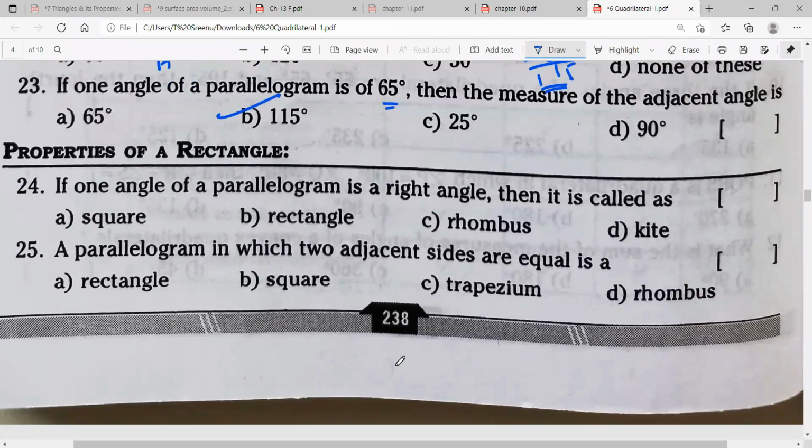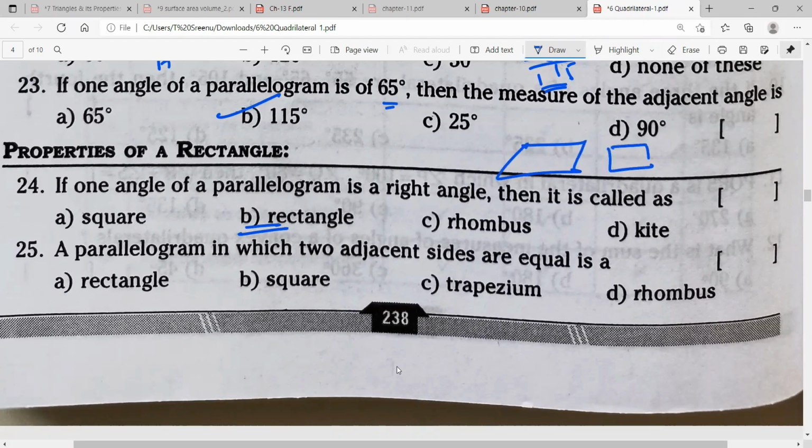If one angle of a parallelogram is a right angle, then it is called a rectangle. A parallelogram in which two adjacent sides are equal: obviously square, and rhombus also.